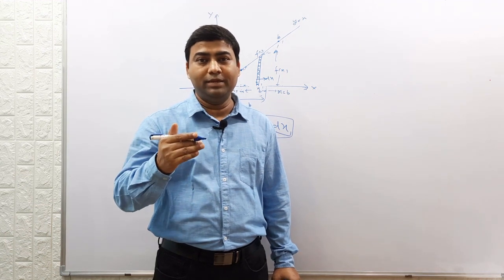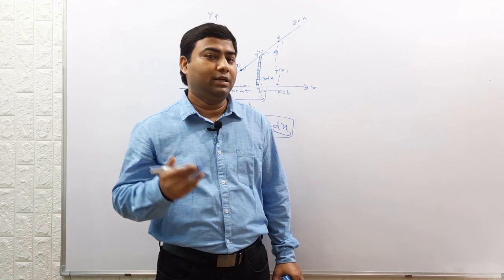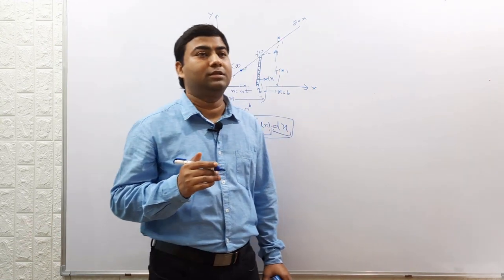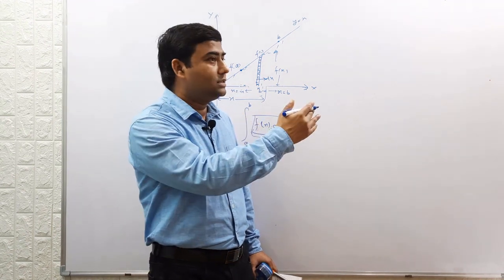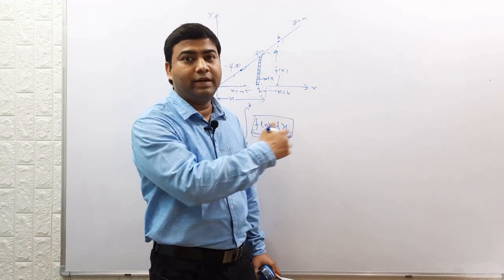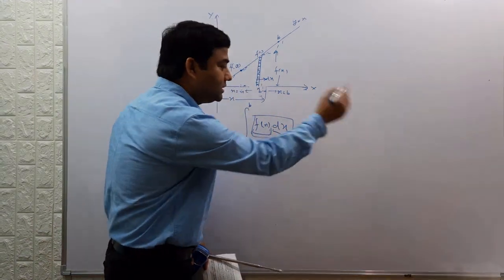Because the concept of limit came after Newton and Leibniz. Till then, this concept of limit was not present, hence it was not defined in terms of infinite Riemann series.